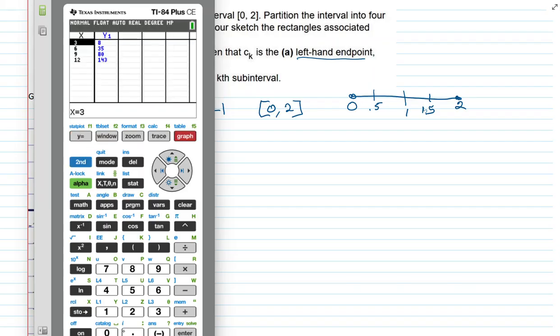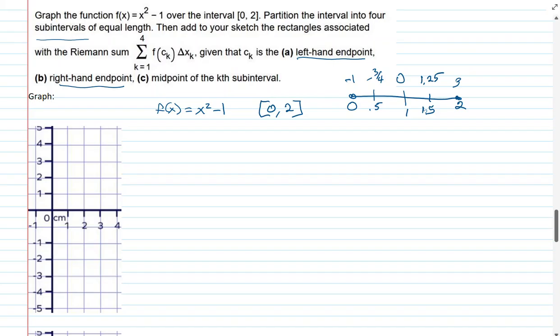So at 0, we've got a negative 1. At half, we have negative 3/4. And at 1, we should have 0, sorry. At 1.5, I'm going to have 1 1/4, and at 2, I've got 3. Sorry. Yep. We're squaring.